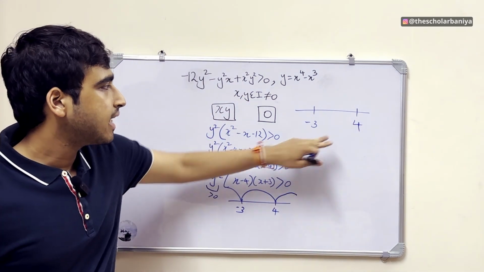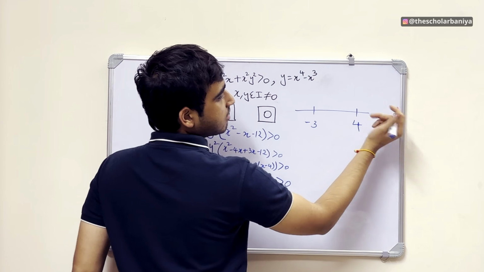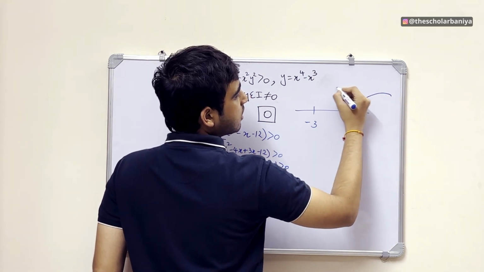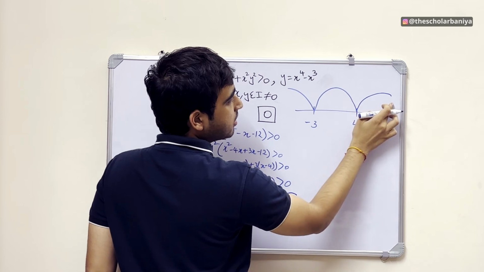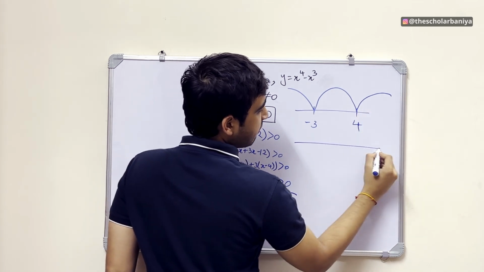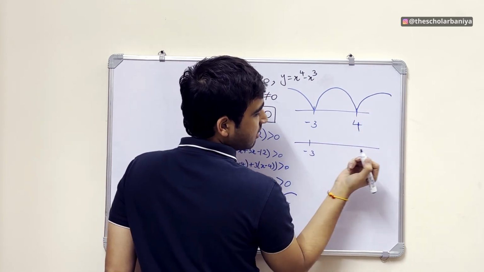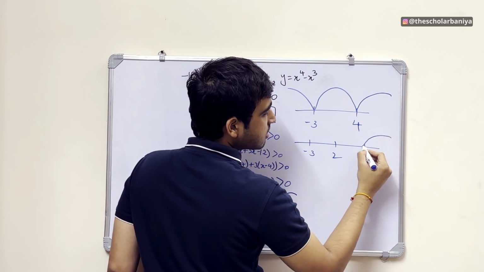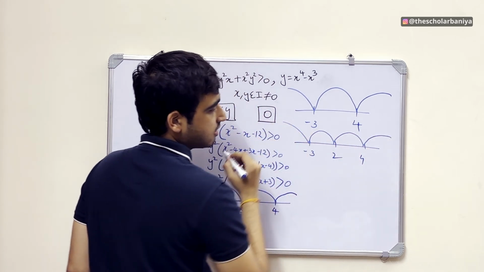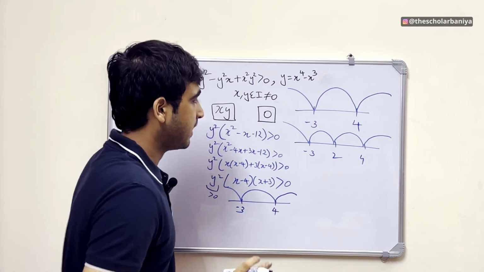So what we do is that we will make a semicircle over here, starting from here, because there are two numbers. If there would have been three numbers, for example minus 3, some random number 2, and 4, we would have done this, this, this and this. I hope this is fine, right?